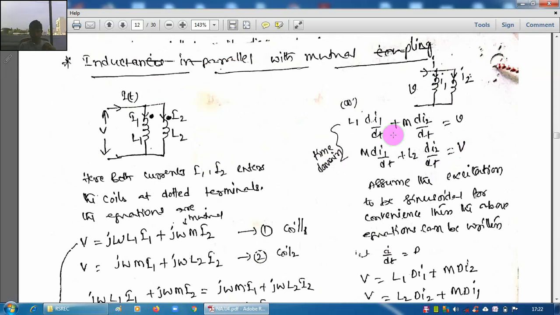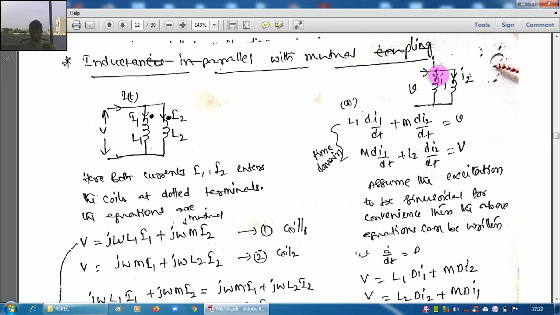Both are the same. This same coil is marked here. Only to say that the voltage equation can be written in two forms, this form and this form, which we have written here.